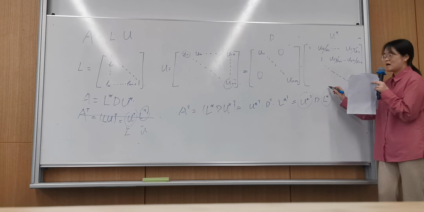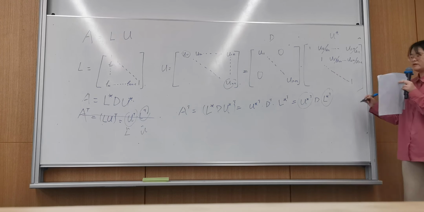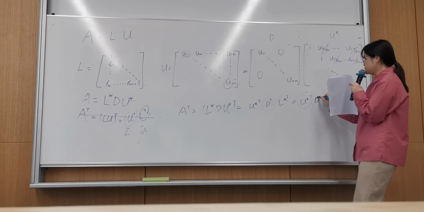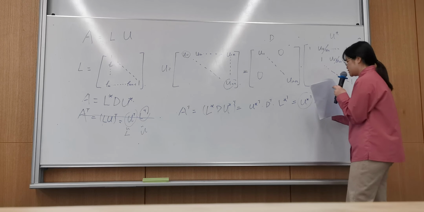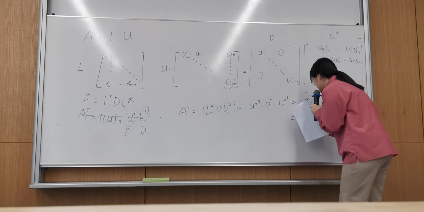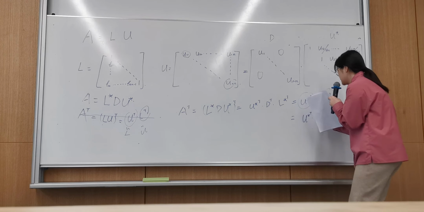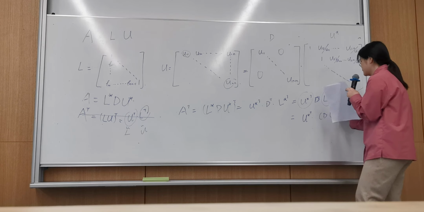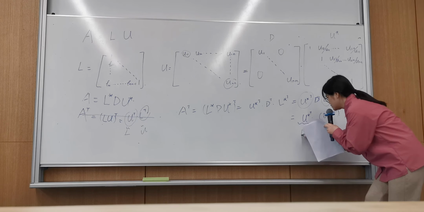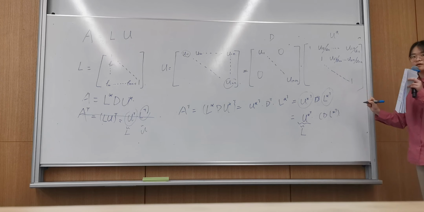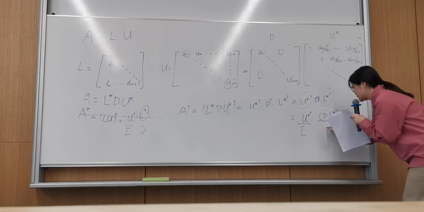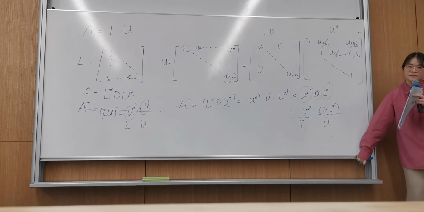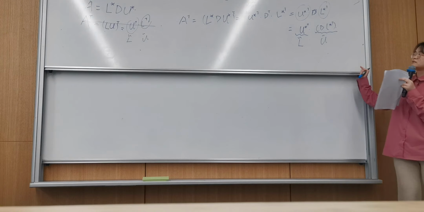Now our first and last matrices are both unit triangular, and we can combine D with the L star transpose to get our new LU decomposition, which is U star transpose times D L star transpose. So this is our new L, let's call it L tilde, and the latter one is our new U, which is U tilde. Alright? So this is the first question.